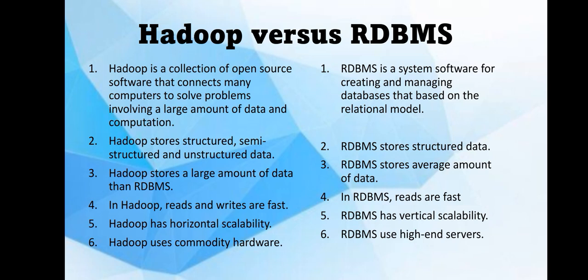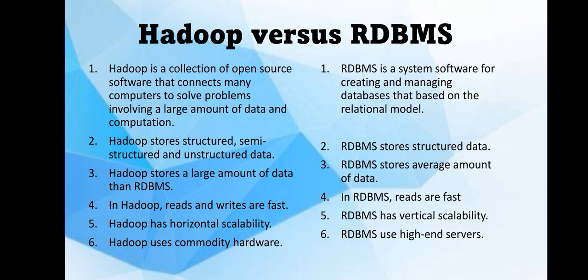Hadoop stores structured, semi-structured, and unstructured data. RDBMS stores structured data. Hadoop stores a larger amount of data than RDBMS. RDBMS stores an average amount of data.